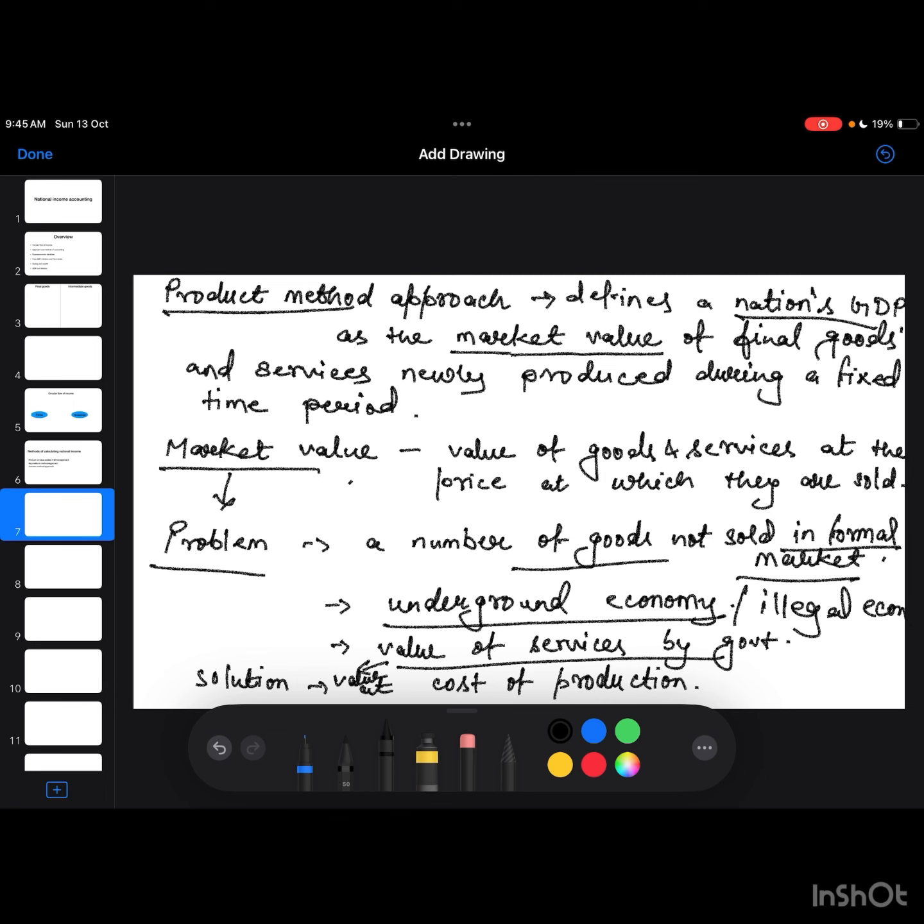And there are various services like defense and other services for which we cannot get the value of those services. So the solution of this problem, the value of services provided by the government, we can solve it by valuing the services at the cost of production.